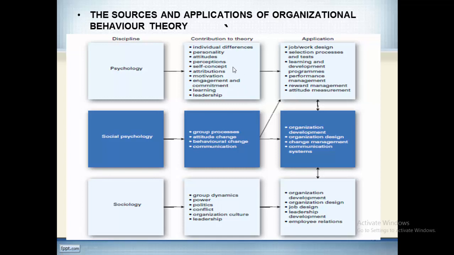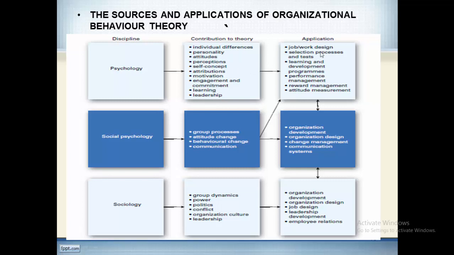this organizational behavior, because in organizational behavior we have to keep in mind all these factors, like the individual differences discussed in the previous slide, and some of these theories.